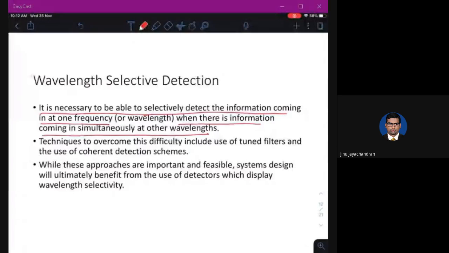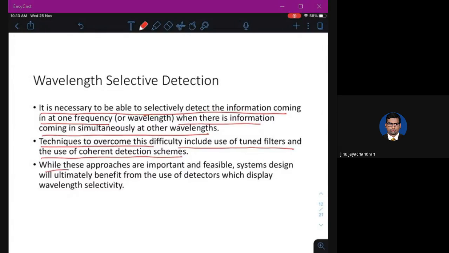Now I want to detect each and every wavelength separately. How can we do that? Techniques to overcome this difficulty include the use of tuned filters and the use of coherent detection schemes. With these, you can do wavelength selective detection.